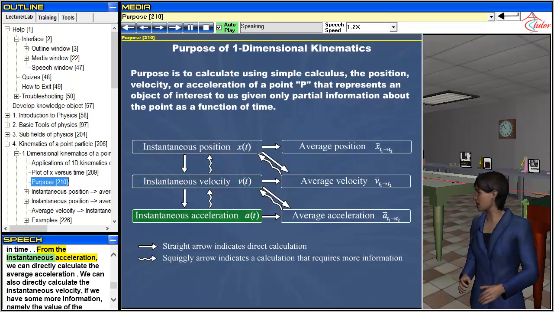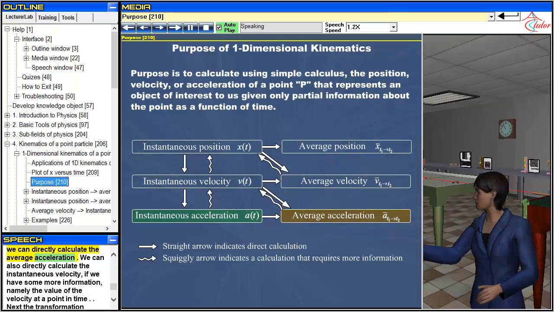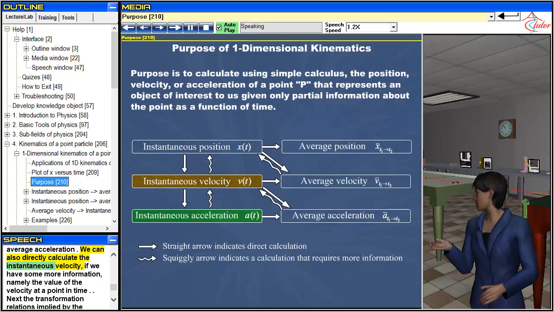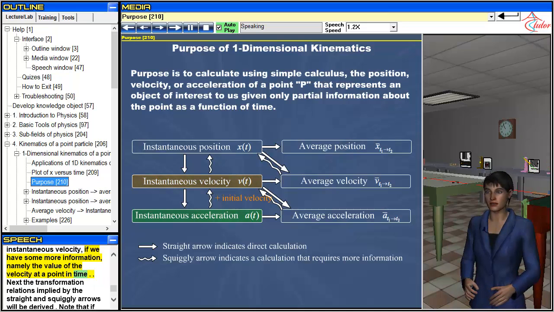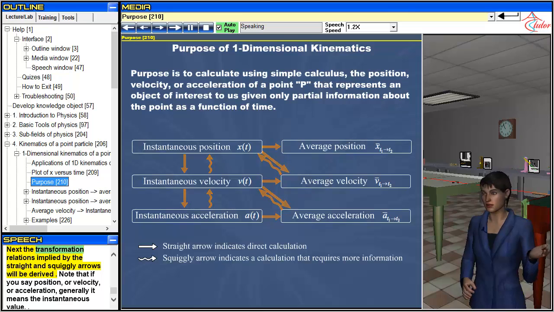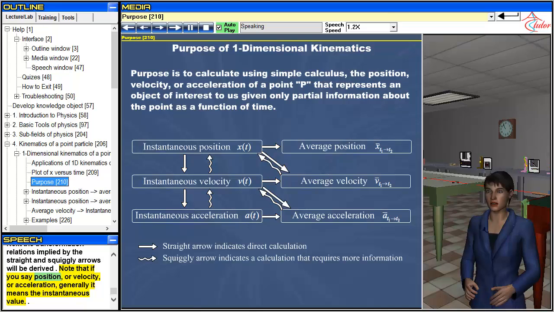From the instantaneous acceleration, we can directly calculate the average acceleration. We can also directly calculate the instantaneous velocity, if we have some more information, namely the value of the velocity at a point in time. Next, the transformation relations implied by the straight and squiggly arrows will be derived. Note that if you say position, or velocity, or acceleration, generally it means the instantaneous value.